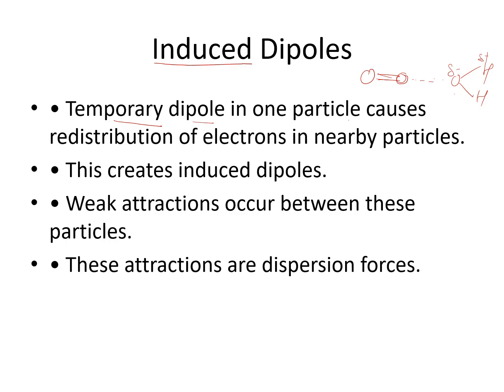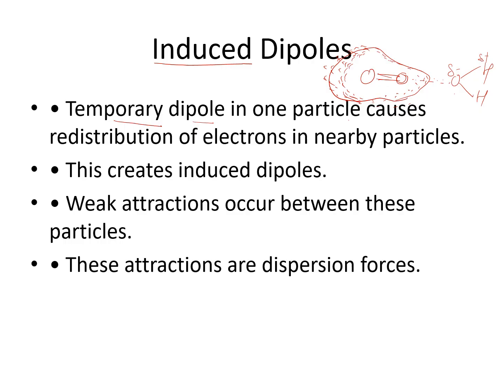Because of this interaction from the negative terminal, this will become slightly positive, and the electron cloud that was uniform in that oxygen now will be redistributed and will be more toward the second oxygen this way. Can you understand that?